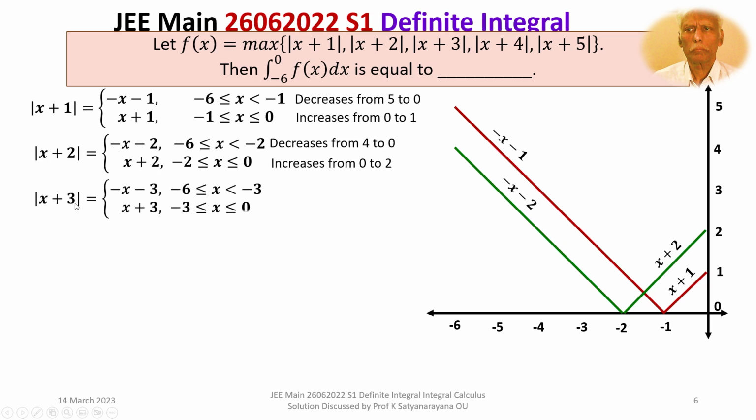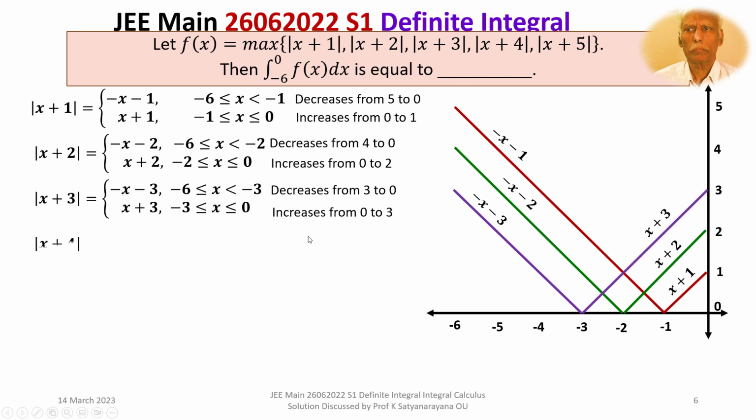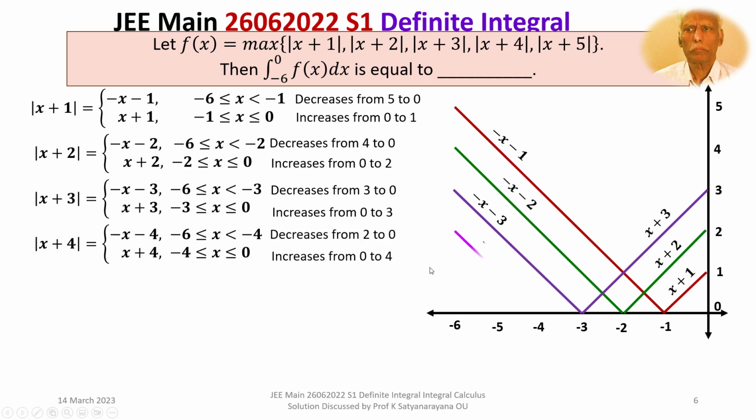Mod of x plus 3 will be minus x minus 3 in the interval minus 6 less than or equal to x less than minus 3, and in the interval minus 3 less than or equal to x less than or equal to 0, it is x plus 3. It decreases from 3 to 0 and increases from 0 to 3. For x plus 4, similarly, it decreases from 2 to 0 and increases from 0 to 4.